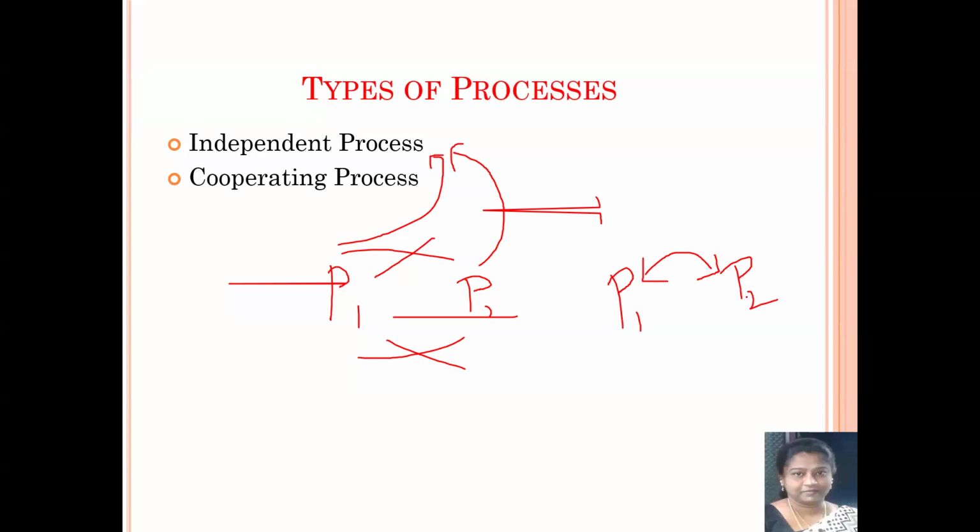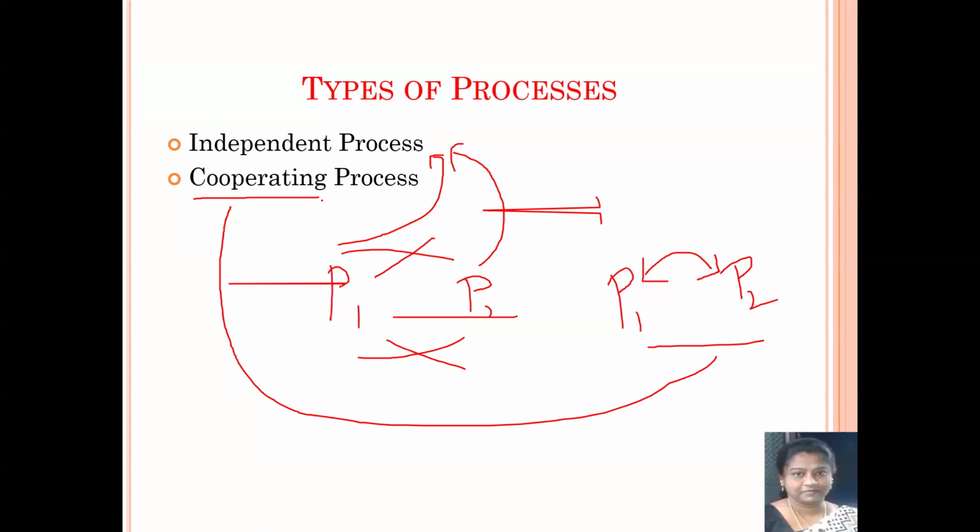They are dependent on each other. In this case, I need to make sure that both these processes are cooperating, because only when the execution of one process affects the execution of another process, that is where synchronization will come into play.